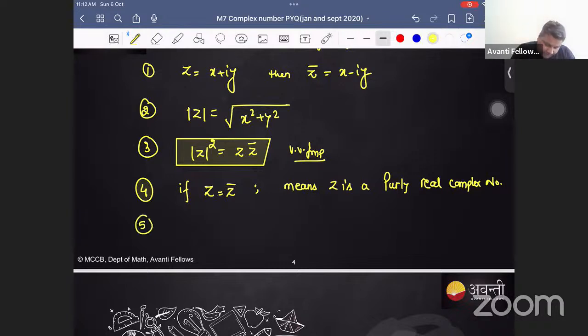Fifth part, if z plus z bar is 0, means a complex number plus its conjugate is 0. Means what? Means z is purely imaginary.